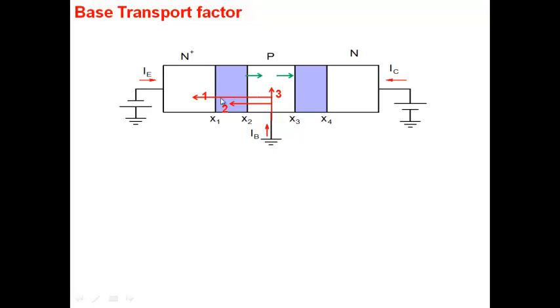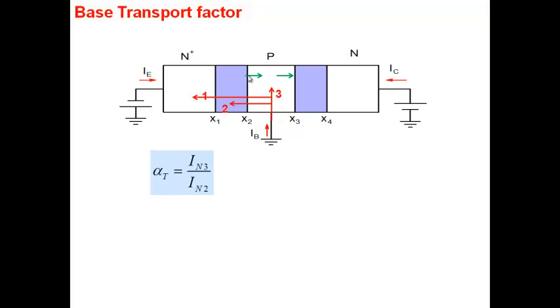All right, so again, related to this component associated with 3, there is a factor that we call the base transport factor. Now, base transport factor by definition is IN3, this component, divided by the component here, IN2. And I guess it makes sense to call it base transport factor because, what do you want?